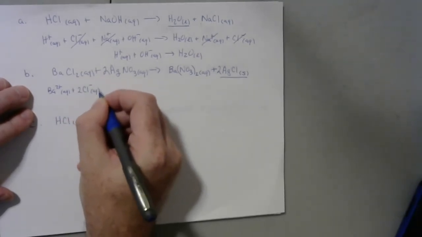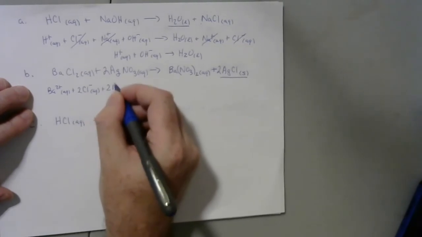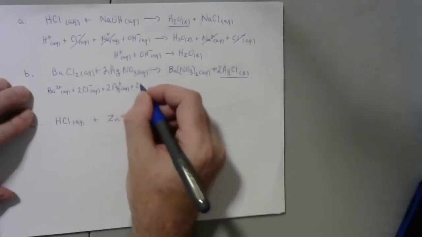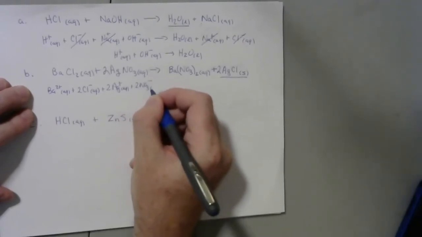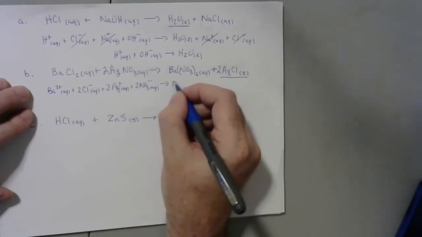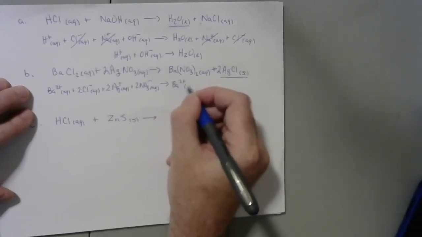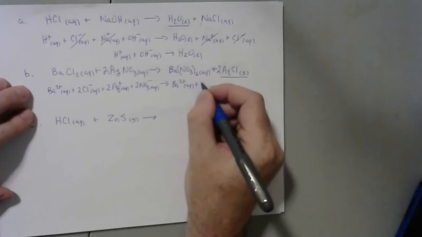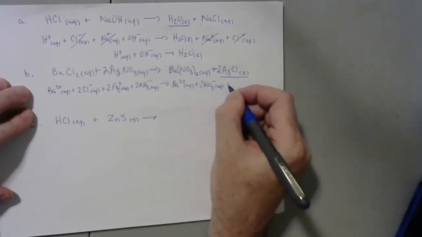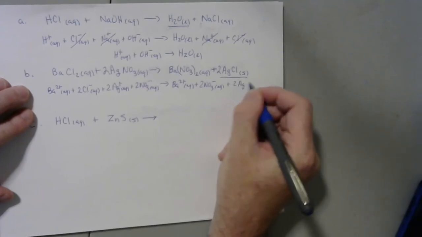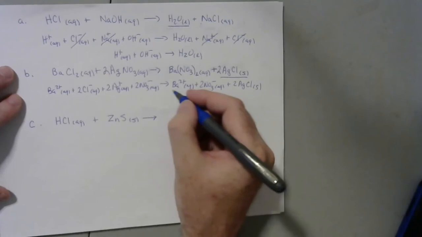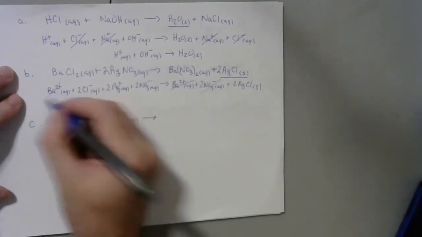Notice the 2 comes out front, plus 2 Ag+ aqueous plus 2 NO3- aqueous, going to form Ba2+ aqueous plus 2 NO3- aqueous plus our 2 AgCl solids. The barium and the nitrate are your spectator ions.